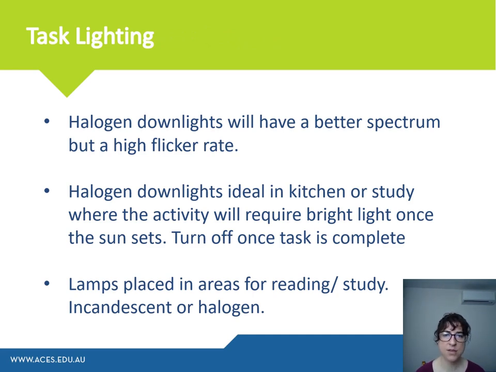So, task lighting. Halogen downlights will have a better spectrum but a high flicker rate, which is why I've mentioned a few times that halogens are going to be better, but you still need to know that there is a hazard involved there. Halogen downlights are ideal in the kitchen or study, where you need those bright areas for doing a really specific task at a certain time during the day.